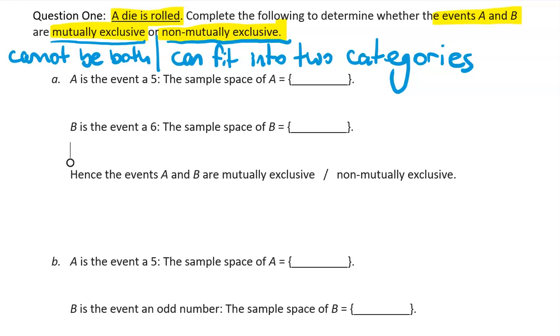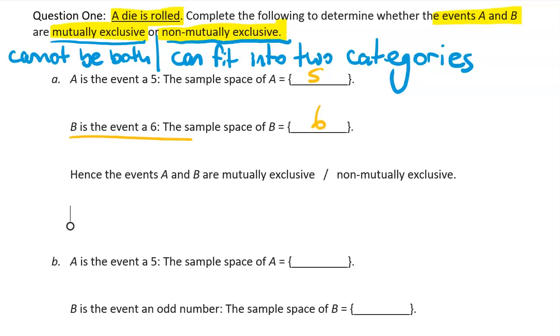So A is the event of a 5 happening. The sample space of A is, well, it's just 5. In this event, the only thing that can happen is 5. So the sample space of A is going to be 5. All right, B is the event that 6 happens. So what's the sample space? Well, the sample space is everything that can happen, and in this case, it's just a 6.